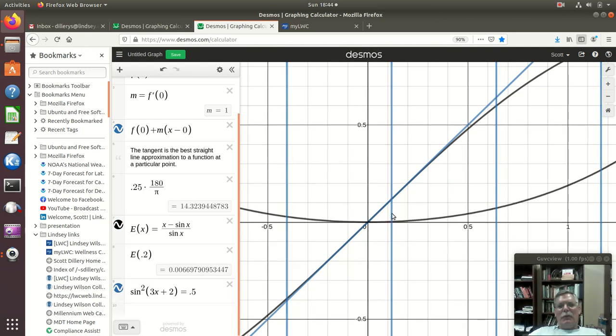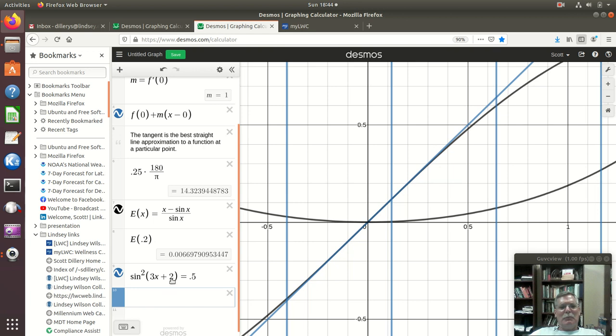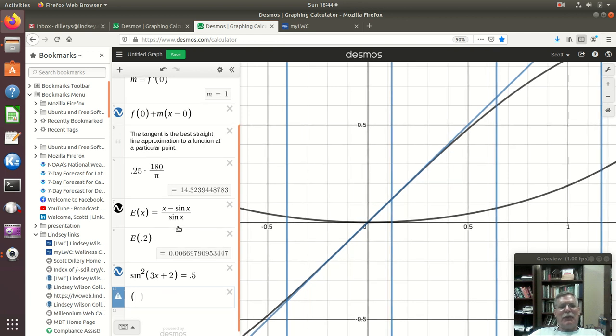So honestly, it's sort of a problem on my part as a teacher to really try to instill in you why it would be nice. But if I could use the function x instead of sine x, what I would be trying to solve here is 3x plus 2 quantity squared.